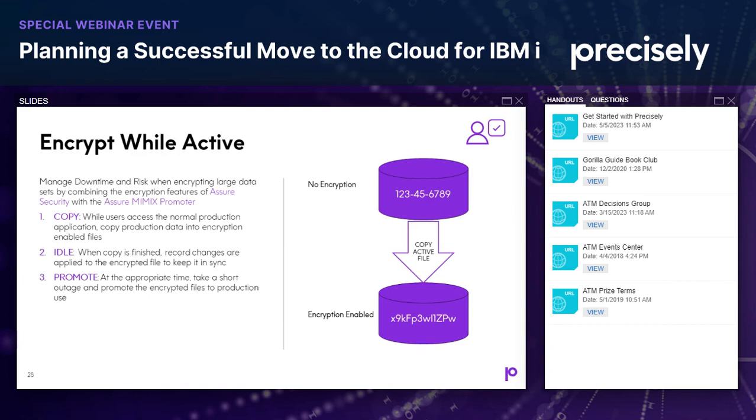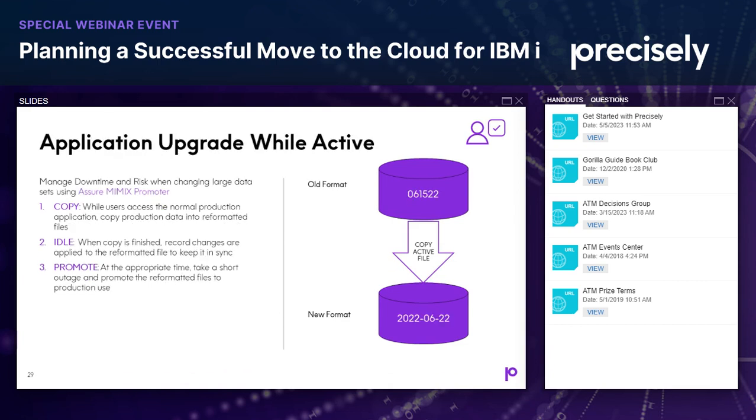Encrypt While Active. The next one I want to talk to you about is application upgrade while active. Very similar to what I just talked about, except you now need to change the format of one of your files. Same deal. You've got to change every single row of the columns that need to be changed. And if you're talking about a terabyte file, that's a big, daunting task.